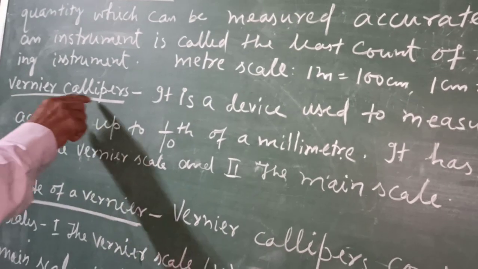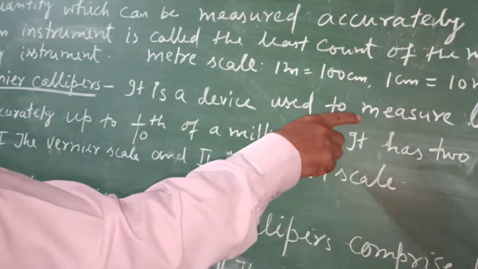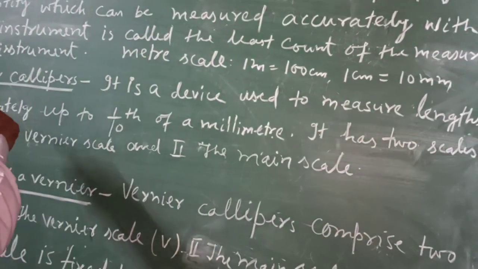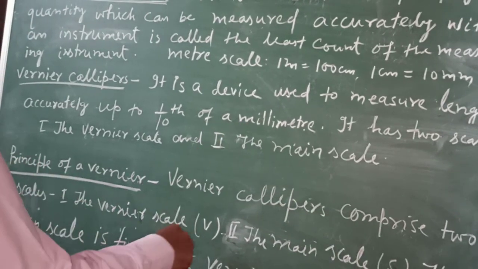Second, vernier calipers. It is a device used to measure length accurately up to 1/10th of a millimeter.